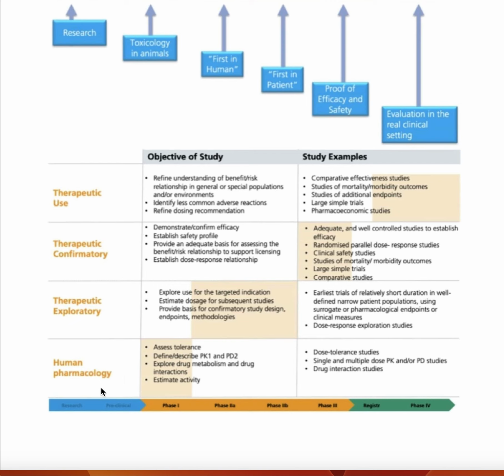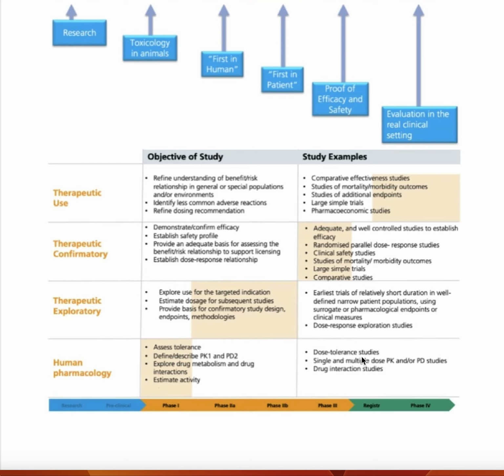This is what happens in phase 1, which we call human pharmacology, because we explore the activity of the drug, drug interactions, pharmacodynamics, pharmacokinetics, the dose, and human tolerance. That is why it happens in healthy human volunteers.